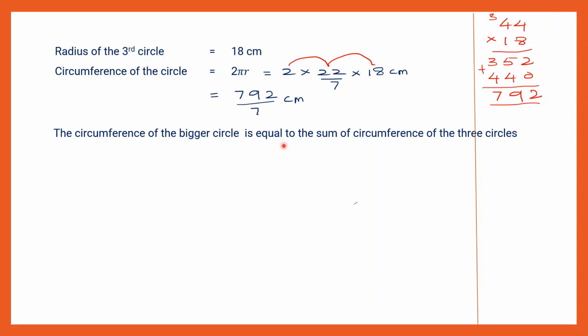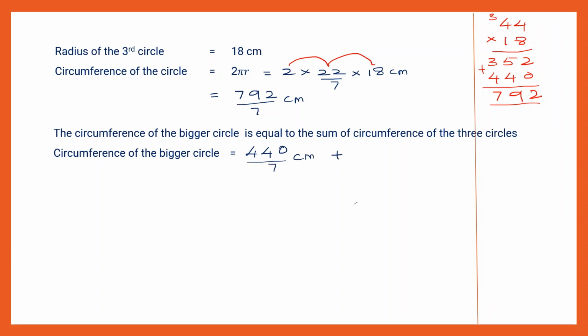So this is given to us in the question that the circumference of the bigger circle is equal to the sum of the circumferences of these three circles. This is the third one. We had found the circumference of two more. So let's find the circumference of this bigger circle. That will be the sum of all three circumferences. So the circumference of the first circle was 440 by 7 centimeters, which we had found out.